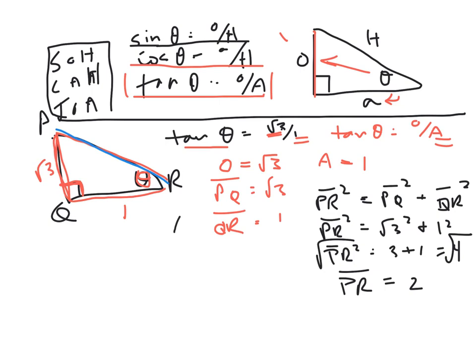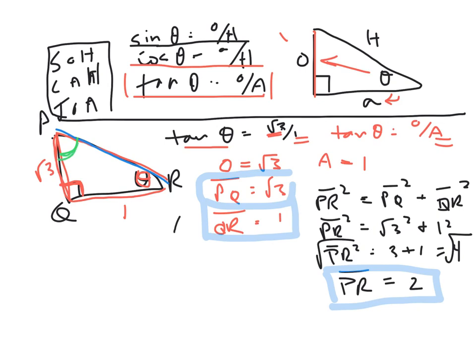So there's my length of PQ, there's my length of QR, and here's my length of PR. Then the only thing you have left to do is find this missing angle. I know the tangent of theta is equal to root 3 over 1, which is root 3.